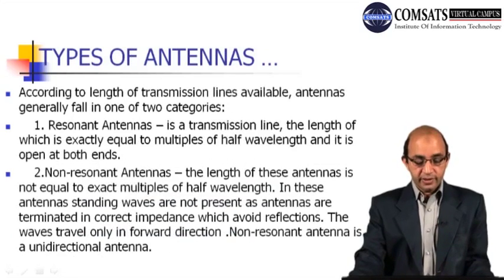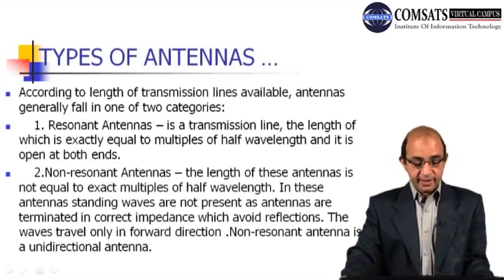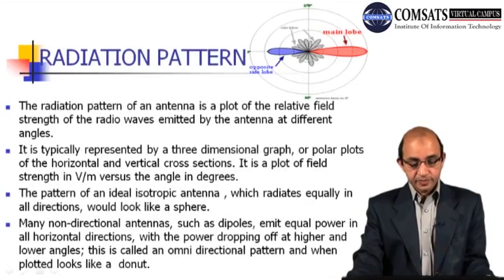Then we have the non-resonant antenna. The length of these antennas is not equal to exact multiples of half wavelength, and in these antennas standing waves are not present, as the antennas are terminated in the correct impedance, which avoids reflections. So reflections are minimized, and the wave travels only in the forward direction. A non-resonant antenna is a unidirectional antenna, so we have one-way communication in the case of a non-resonant antenna.